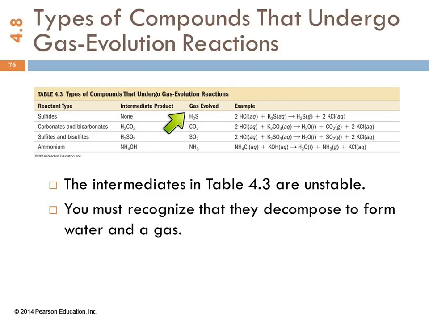If you do your ion swapping and you end up with H2S, you need to recognize that that is a gas at room temperature and specify it as such. You just have to remember that. There's not really any reasoning about it. It's a memorization deal. That's hydrogen sulfide gas. It smells like rotten eggs. It smells really bad.